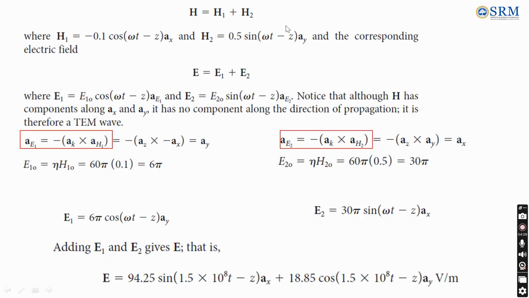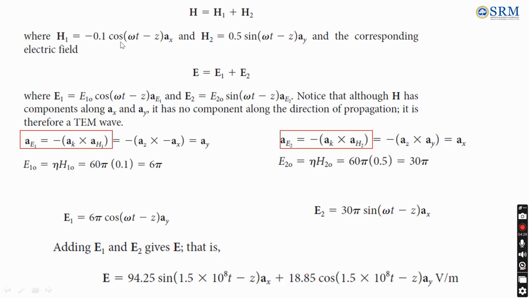Now the last component is the electric field. We know that magnetic field is given as a vector sum of two terms, right? Similarly, the electric field will be the same in form. What changes is the magnitude; the function will remain the same, cosine and sine function, and the unit vector will change.